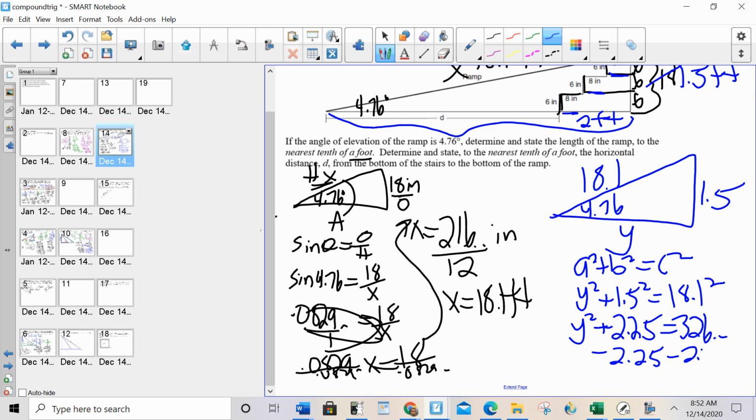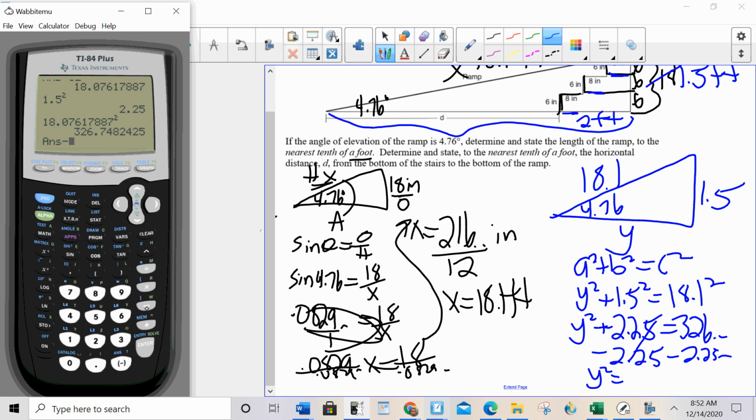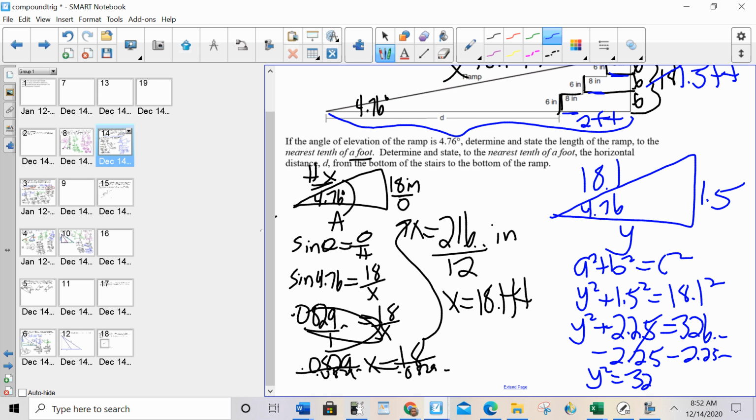Running out of space again. Y squared equals 326 minus 2.25. And by the way, instead of copying and pasting, if I just hit minus, it takes the previous answer and it just copies and pastes it automatically.